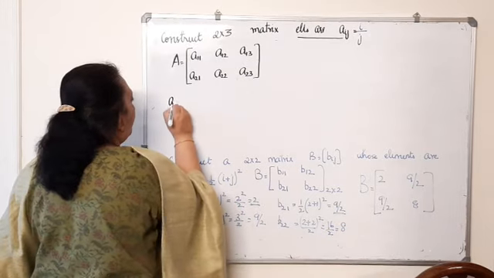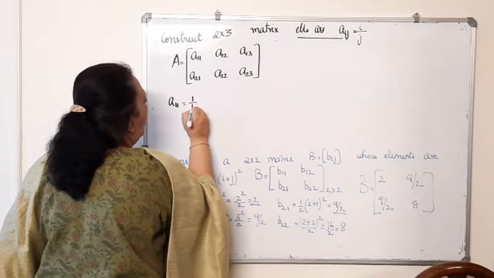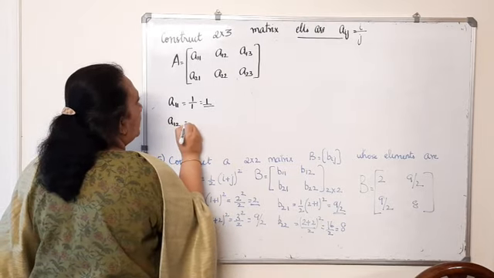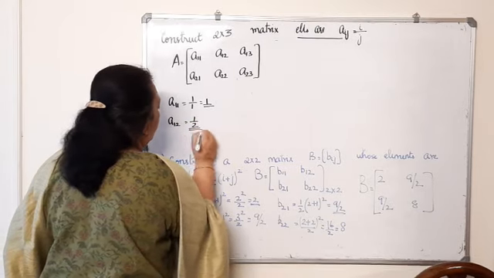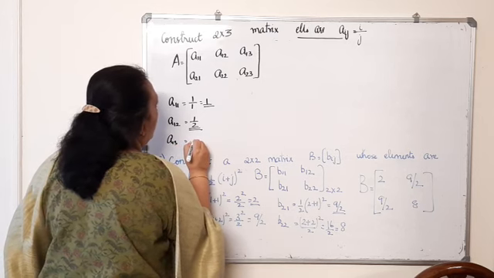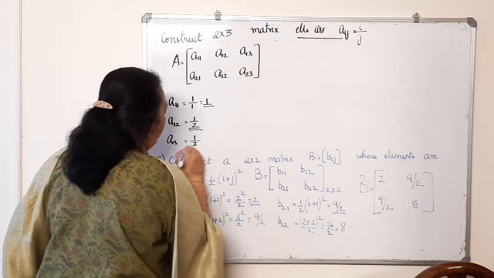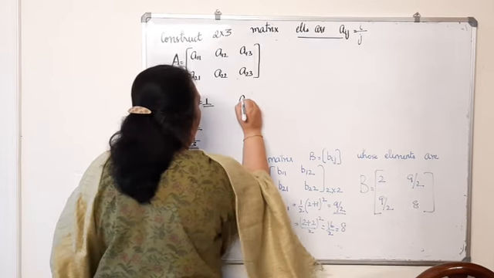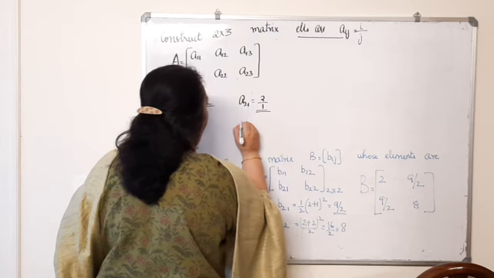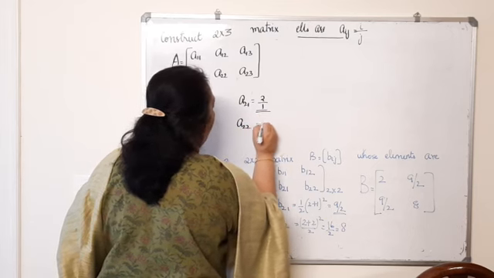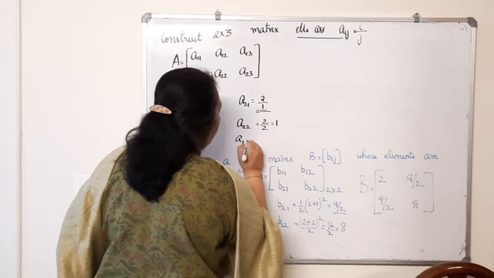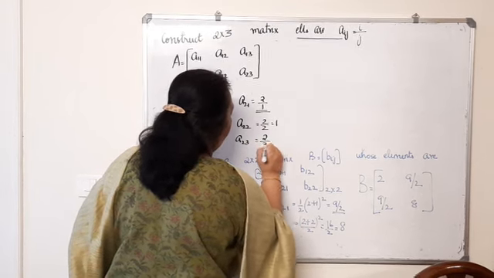Therefore, A11 is equal to 1 by 1 is equal to 1. A12 is equal to 1 by 2. A13 is equal to 1 by 3. A21 is equal to 2 by 1, which is 2. A22 is equal to 2 by 2, which is equal to 1. A23 is equal to 2 by 3.